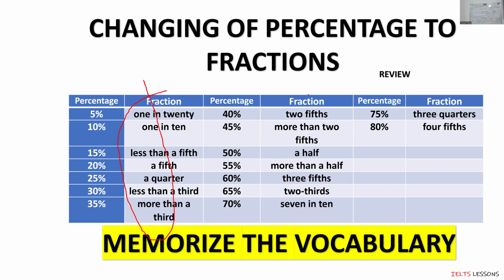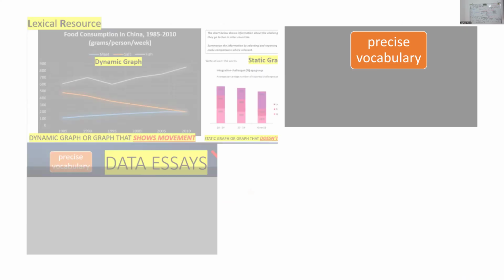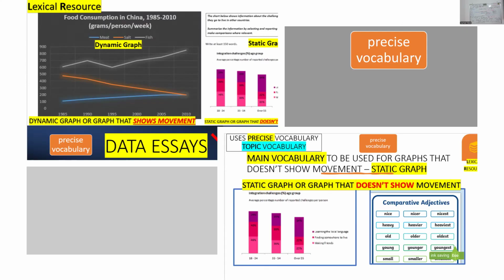And there are some other ways to describe percentage by not using percentage. So changing them to fraction, or we can say, for example, a small minority or largest population, etc. Those are just some examples of effectively using synonyms.